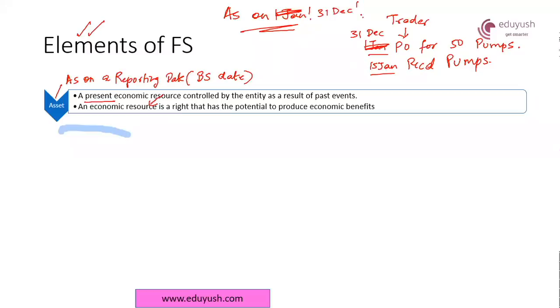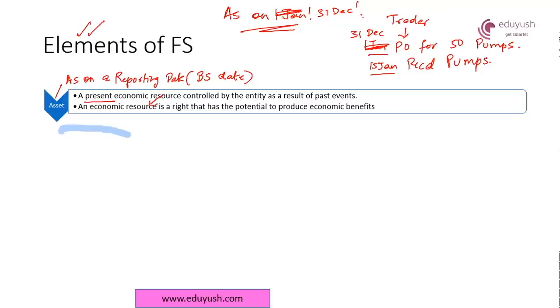Can I take this pump into my inventory? No. Okay. So why would I take it on 15th of January and not on 31st of December? Because if I want to take it, first of all, it has to be an economic resource controlled by the entity.